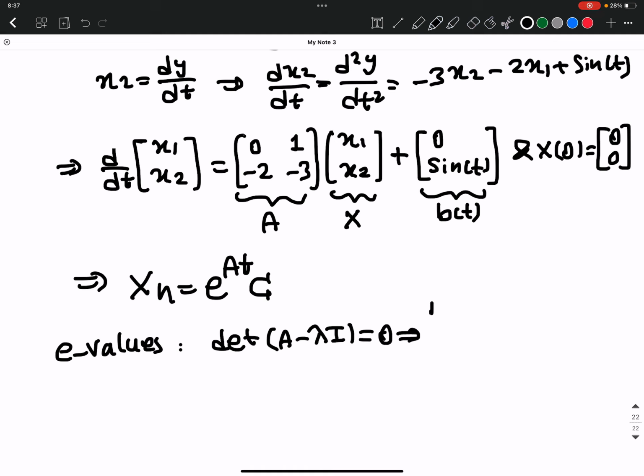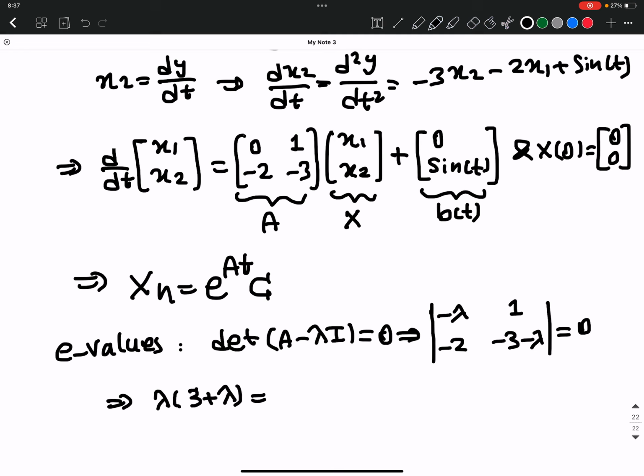So the determinant of this 2 by 2 matrix is going to be minus lambda, times minus 3 minus lambda, minus (1 times minus 2) equals 0. So this gives me lambda times 3 plus lambda squared equals minus 2.